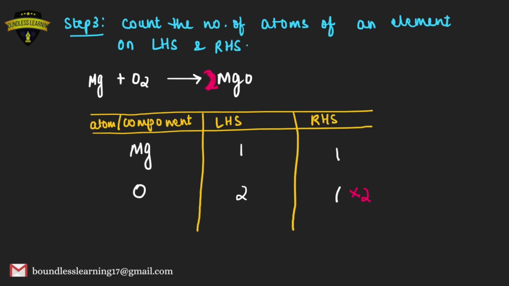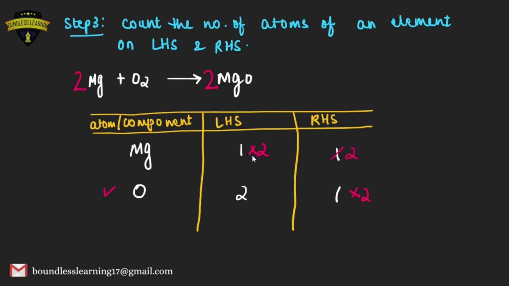Now after writing 2, the number of magnesium atoms also changes on the right hand side. So I'll cut this and write 2. Now oxygen is balanced, 2 on the left hand side, 2 on the right. Now let's come to Mg. 2 on the right hand side, 1 on the left hand side. So I can multiply this as well by 2. I'll write 2 here.